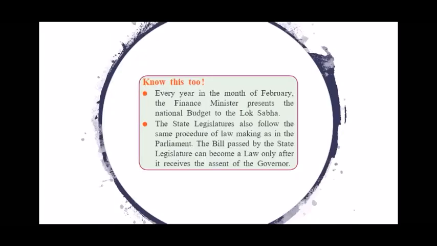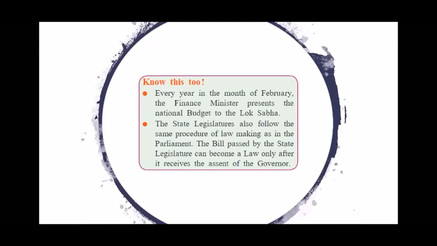Know this too. Every year in the month of February, the Finance Minister presents the national budget to the Lok Sabha. The state legislatures also follow the same procedure of law making as in the Parliament. So in the Parliament, what was the procedure? First, there was a draft bill created.